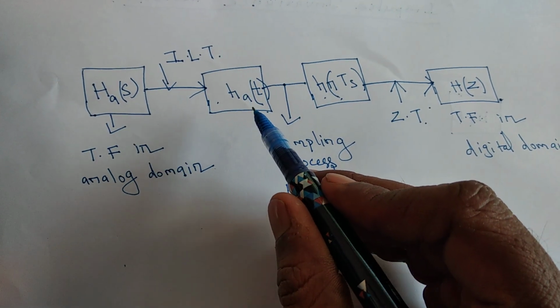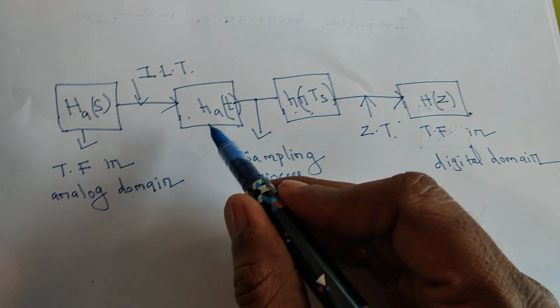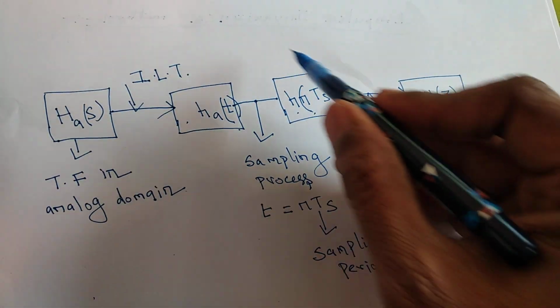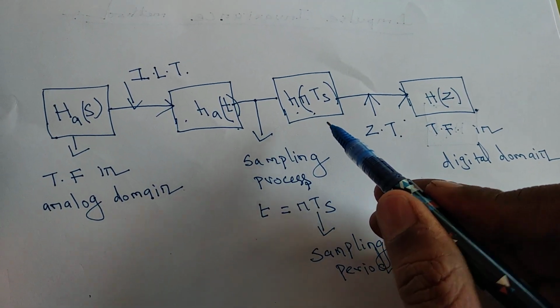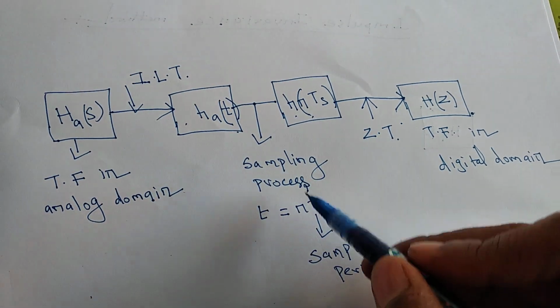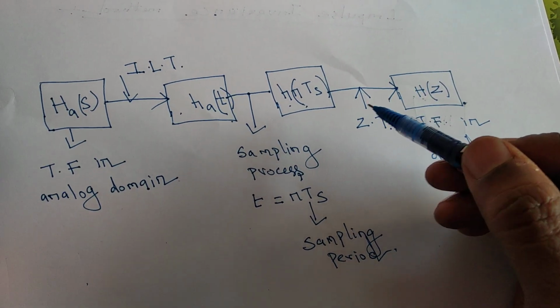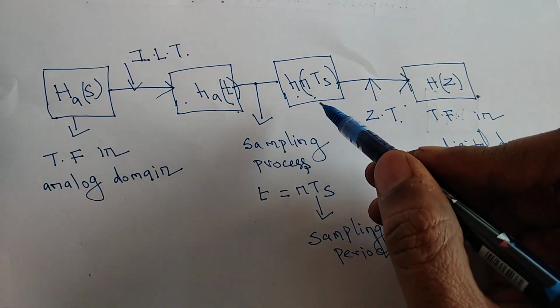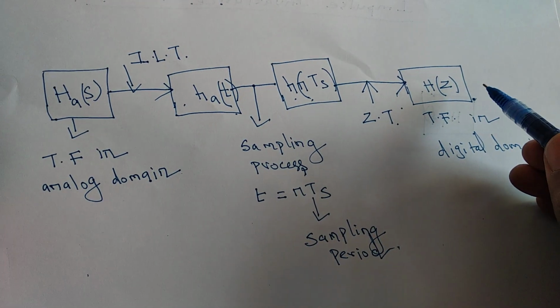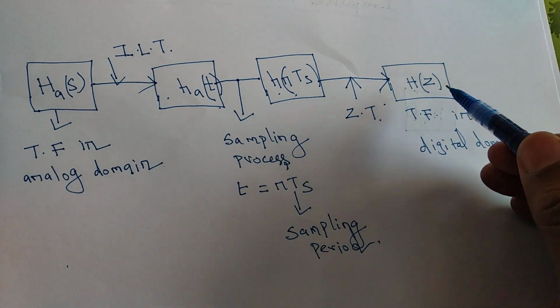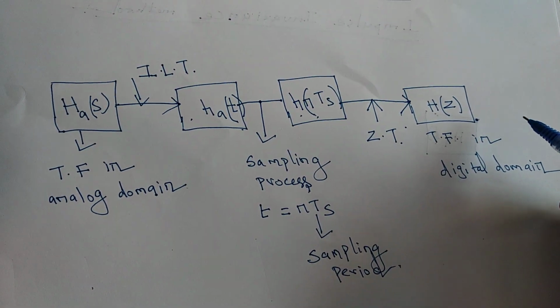The second process, we sample the H a of t to obtain H of nTs just by replacing t by nTs. On the last step, if we apply the z transform to H of nTs, the mapping of the H of z domain is obtained.